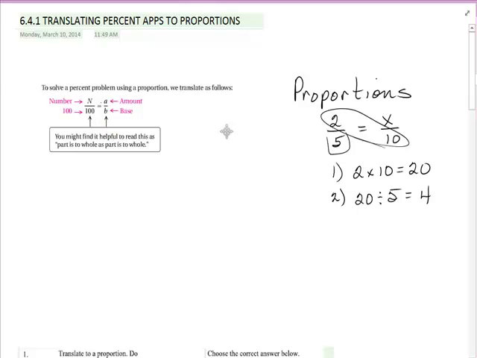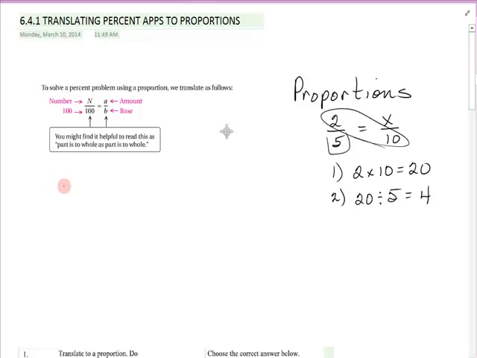Now, most textbooks say exactly this. To solve a percent problem using a proportion, we translate as follows. It is the number over 100, which is the percent, and that equals the amount over the base. Honestly, I don't find that to be very helpful.